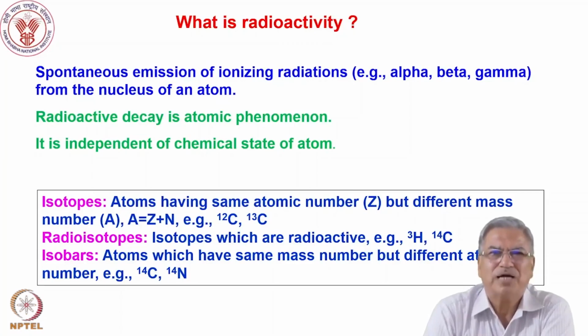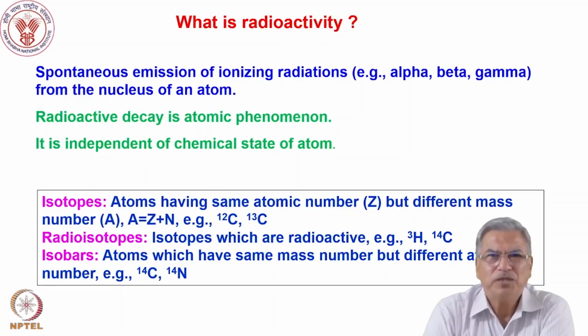For example, carbon-12 and carbon-13 are the two isotopes of carbon. Carbon-12 has 6 protons and 6 neutrons, so the mass number is 12. Carbon-13 has 6 protons and 7 neutrons, so the mass number is 13. So these are the isotopes of carbon.